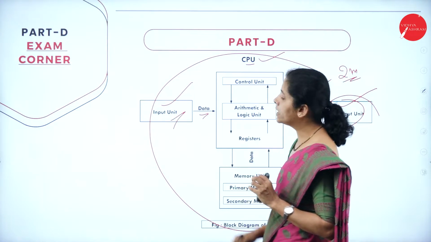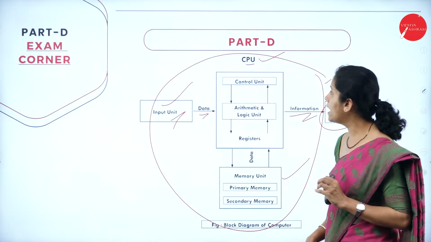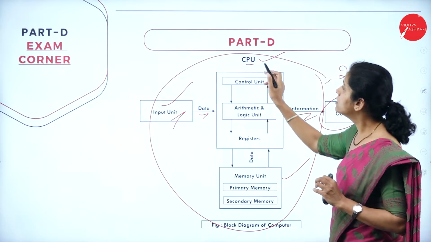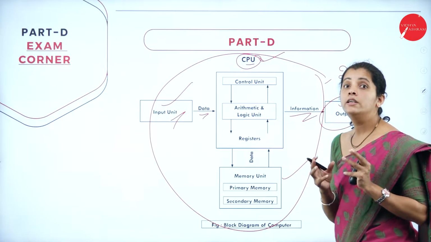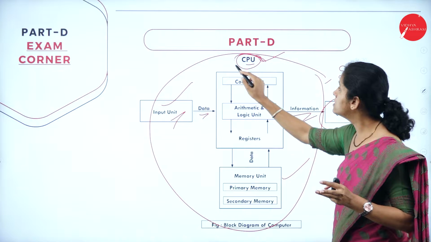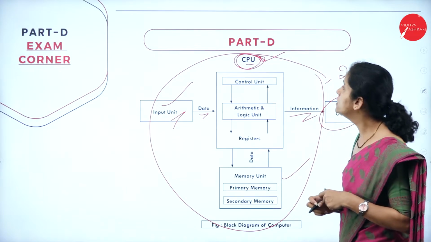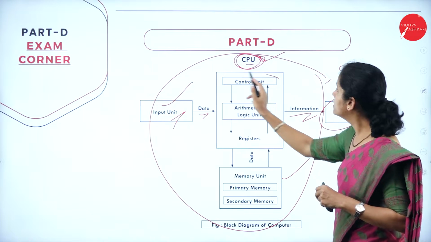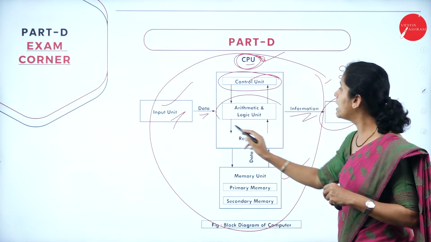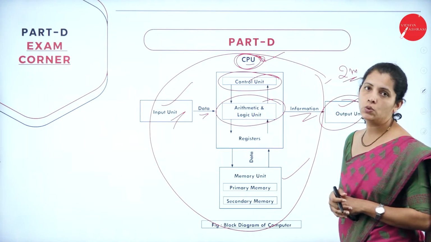Then write 2 or 3 lines about the input device and write something about the CPU. Write the division, that is the CPU is divided into 2 categories, the control unit and the arithmetic unit.